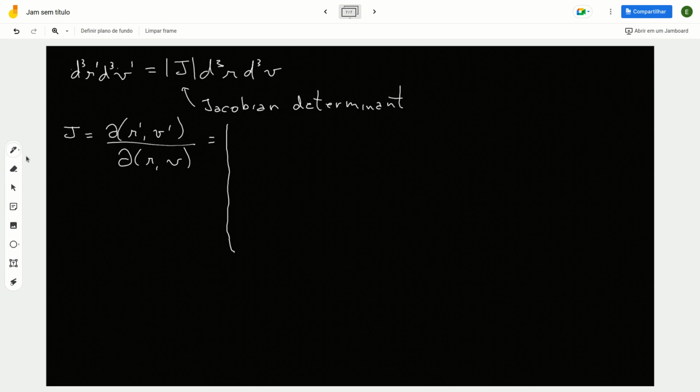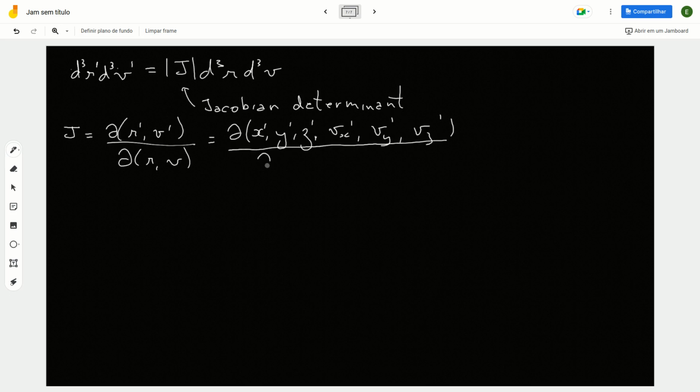So you have, let me put it explicitly in case you don't remember how to compute this. This is just this. You have the derivative of all your new variables in relation to your original variables. Okay, so you may write it this way.